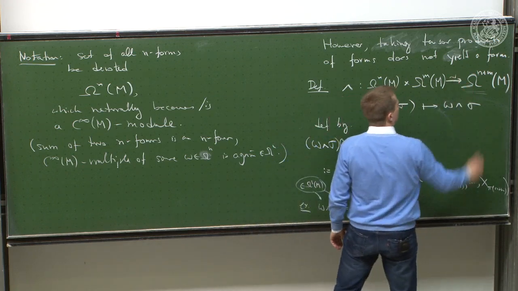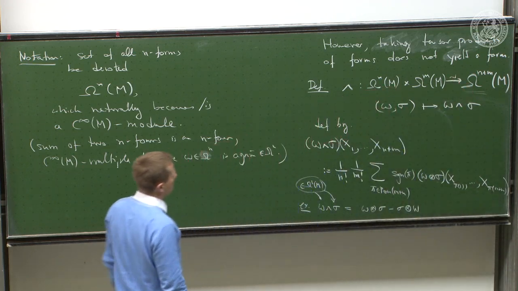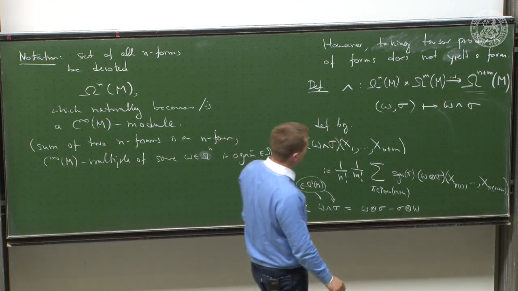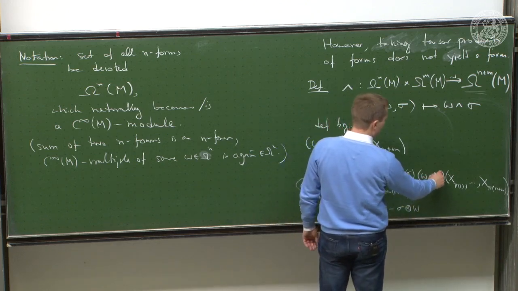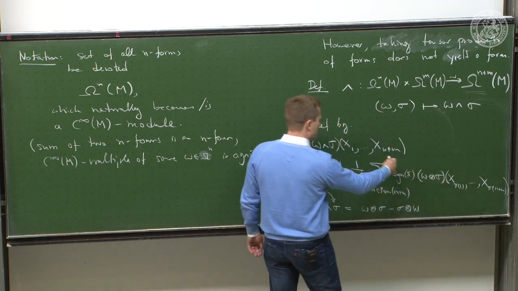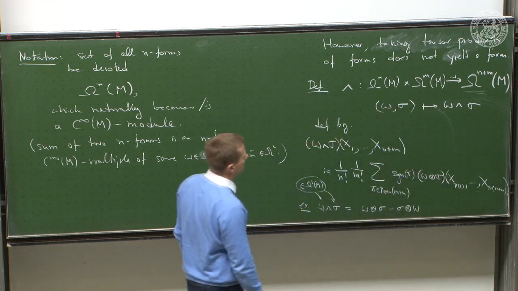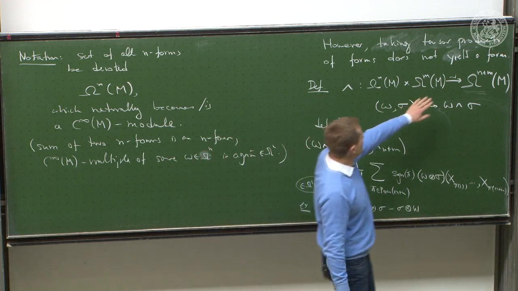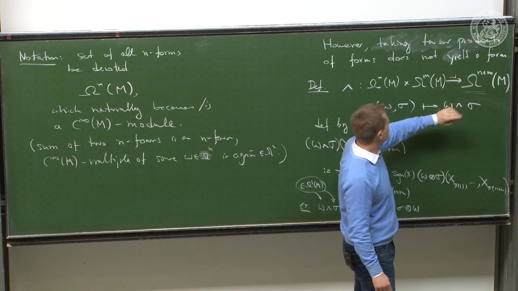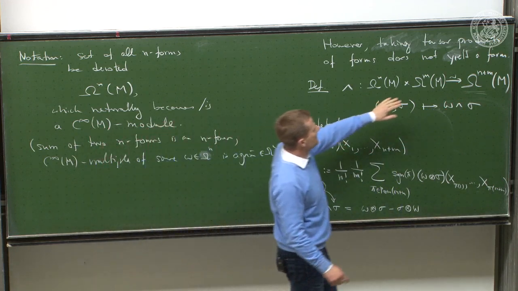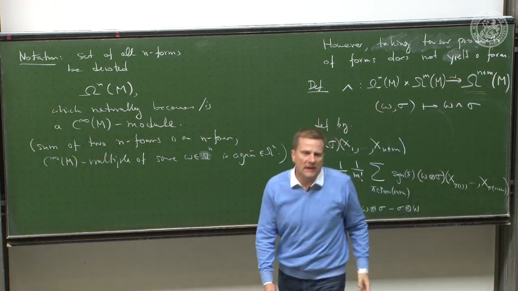Okay, and quite obviously it goes from here to here, and also importantly, it is of course a bilinear map from here to there. It's C infinity bilinear, because multiplying the omega or the sigma by some function will just pull out, and it's additive anyway. So it's a bilinearity, but because we're dealing with C infinity(M)-modules, this must be a C infinity(M) bilinearity.